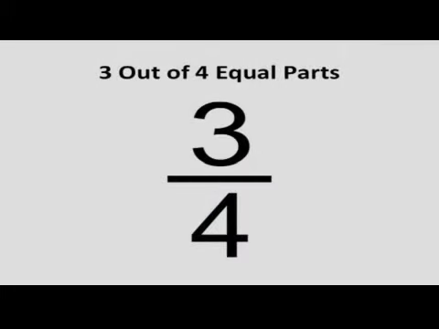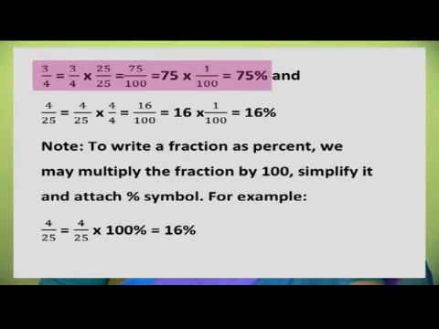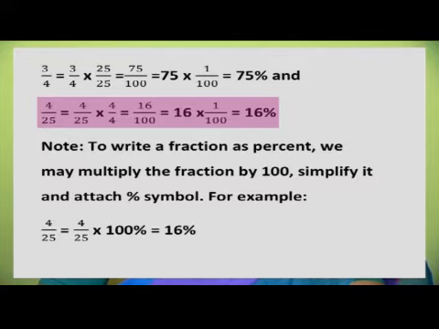For example, 3 by 4 is equal to 3 by 4 multiplied and divided by 25, which is equal to 75 by 100, or we can write 75 multiplied by 1 by 100, which is equal to 75%, and 4 by 25 may be written as 4 by 25 multiplied and divided by 4, which is equal to 16 by 100, which may be written as 16 into 1 by 100, which is equal to 16%.